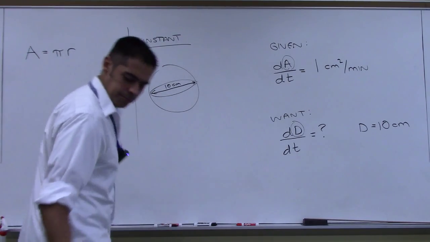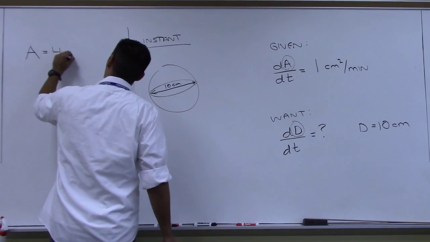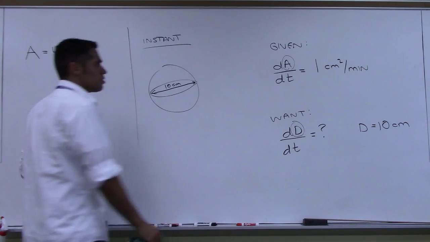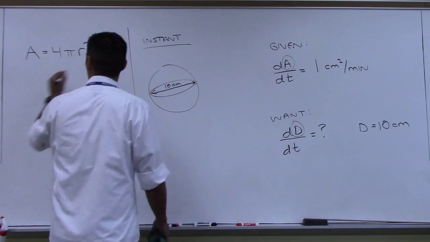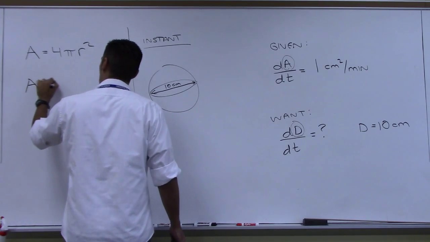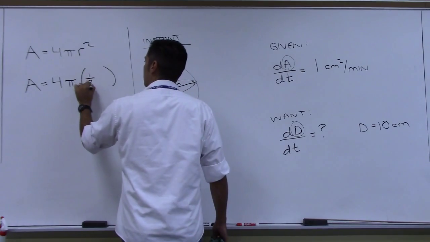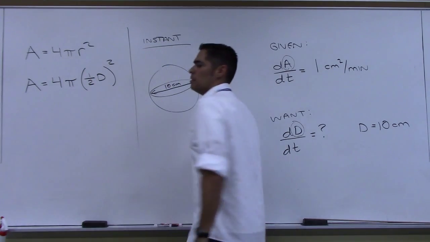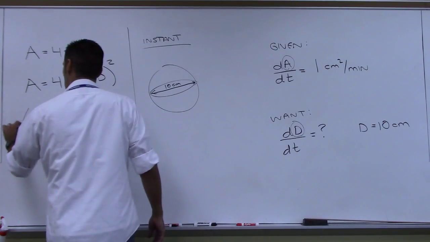Forgot the 4. 4 pi r squared. We're trying to relate area to diameter, so we replace r with what? The radius is half of D, and then squared. And then you have to actually square it.